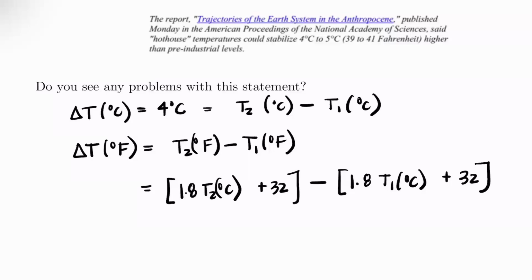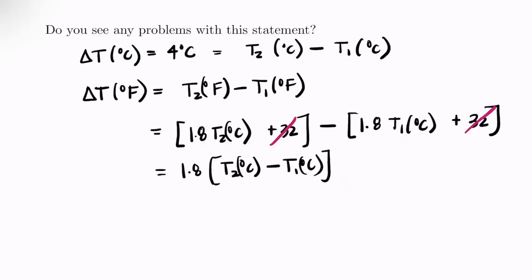All right, so since we're looking at a temperature change, we have this cancellation of 32 minus 32 that happens, right? So we should just have 1.8 times the quantity of T2 in degrees C minus T1 in degrees C. So if we did this, we should get 1.8 times 4 degrees C is equal to 7.2 degrees Fahrenheit.